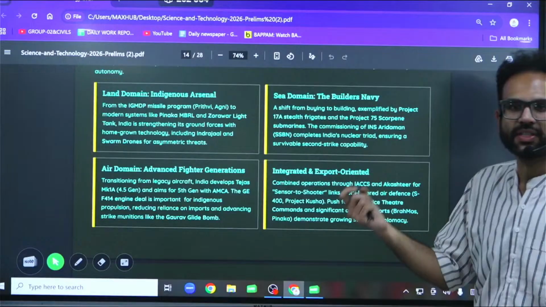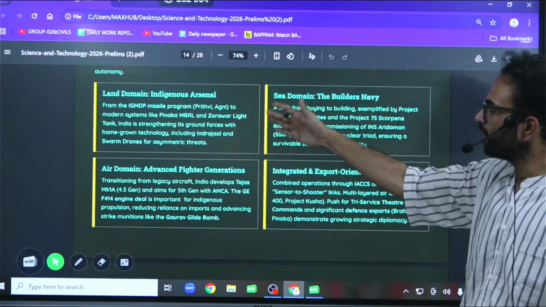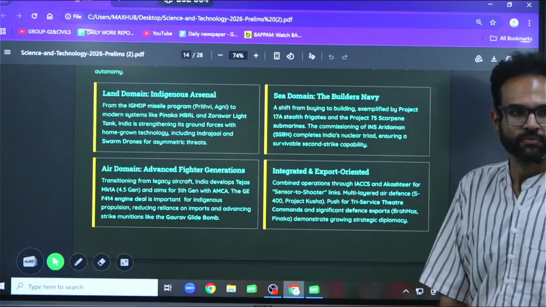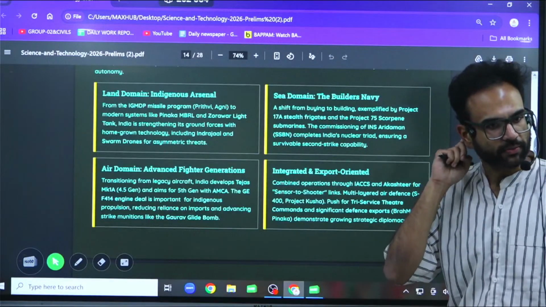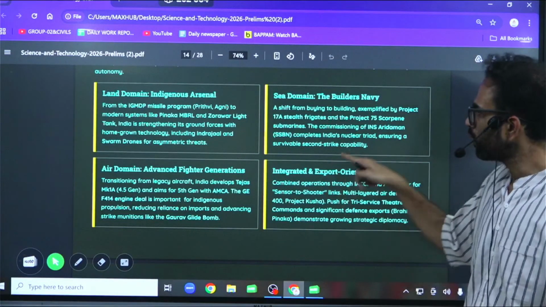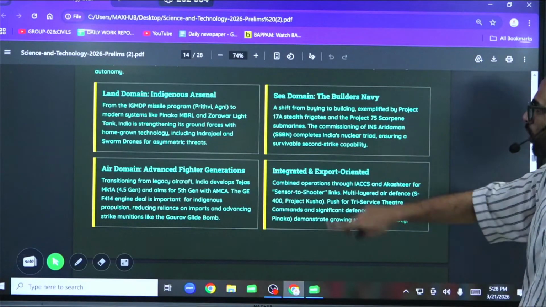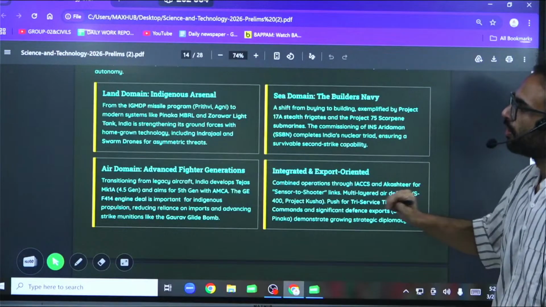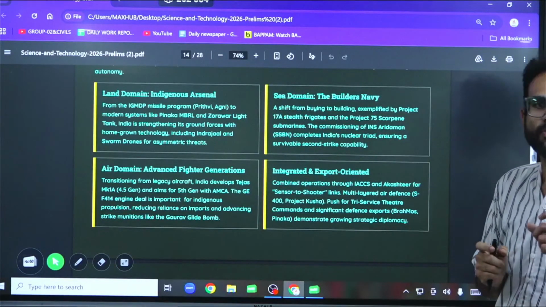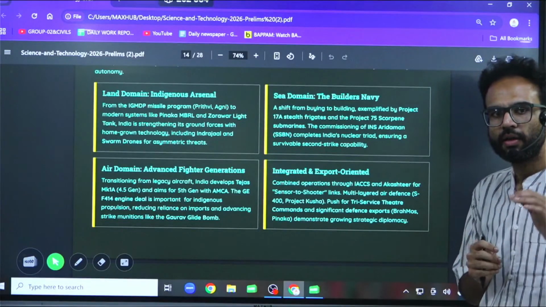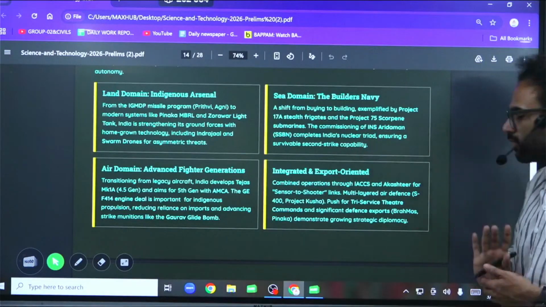In the previous class, we have seen that the defense sector is about safety on all these fronts: land, air, sea. These three themes will definitely be a part of our syllabus. Apart from that, we also have defense export as another theme. These four themes, we are looking at the land domain, air domain, sea domain combinedly. So weapon systems that can be integrated into all these domains, missiles. So we'll be looking at them.